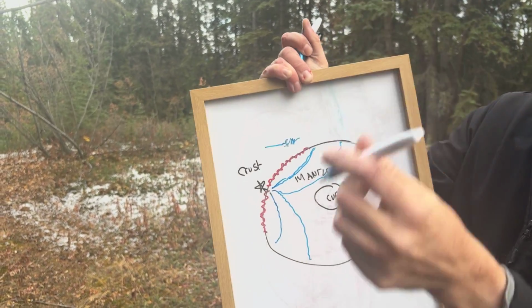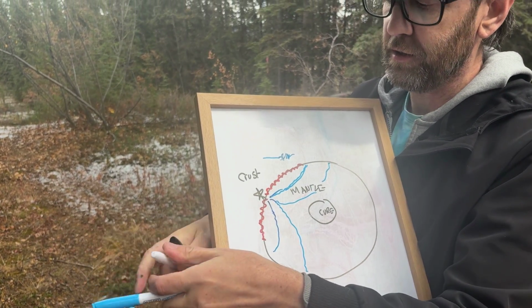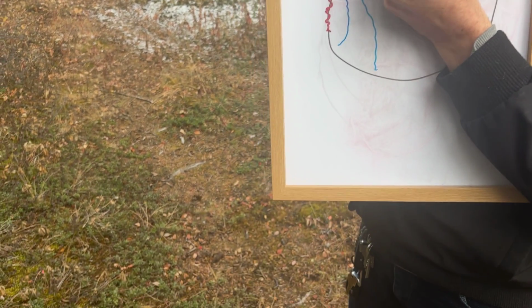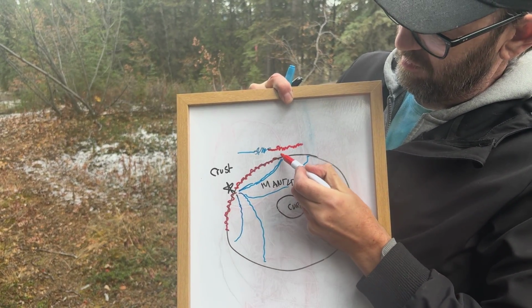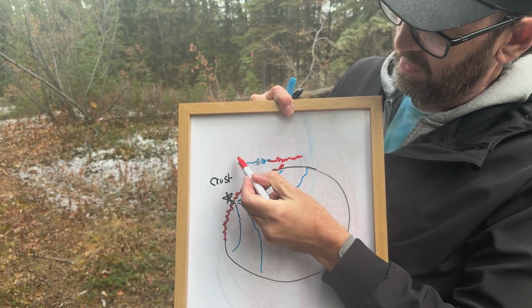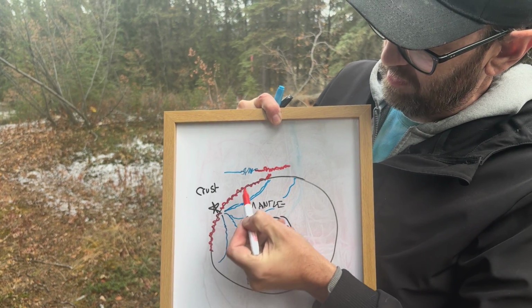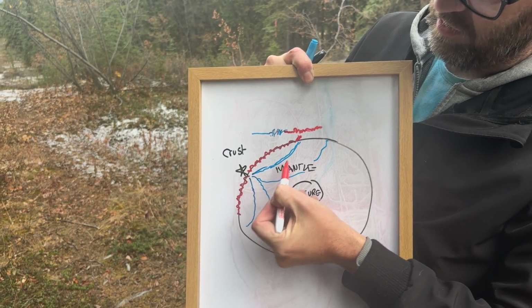This blue wave will arrive first, and then shortly thereafter, you'll get the red. So at this spot here, it's going to be the blue that arrives first, and then the red. And the reason the blue arrives first is because it is denser down here and it travels faster.